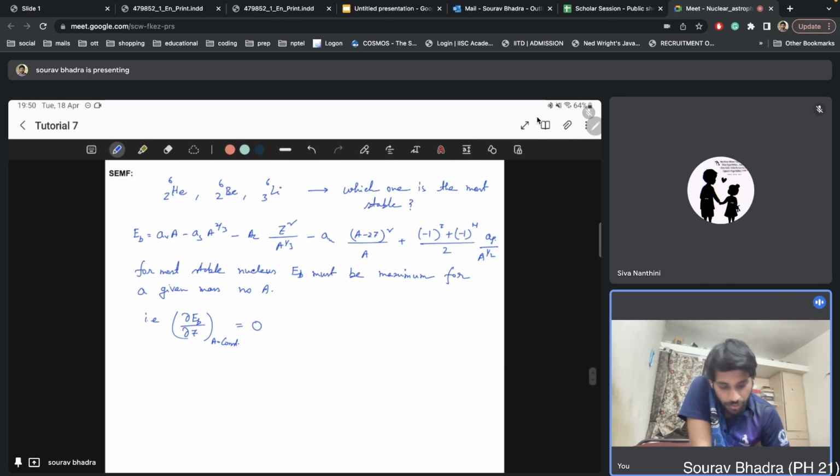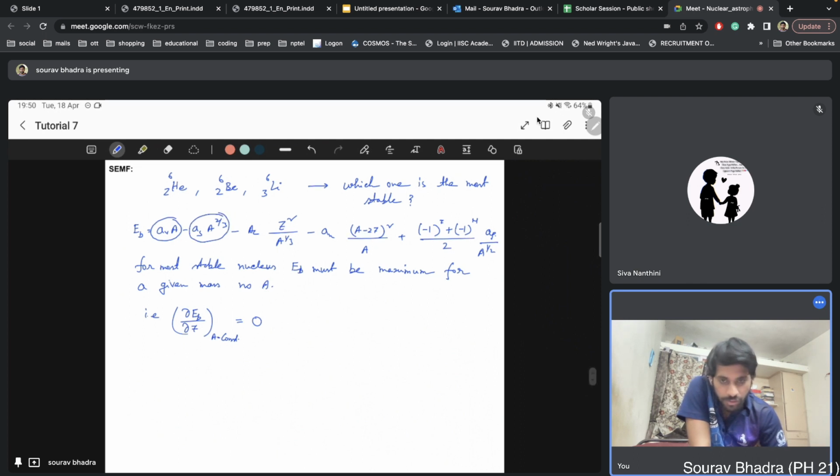Now we do the differentiation with respect to Z. The first term has no Z, so it will not contribute. The second term will also not contribute.